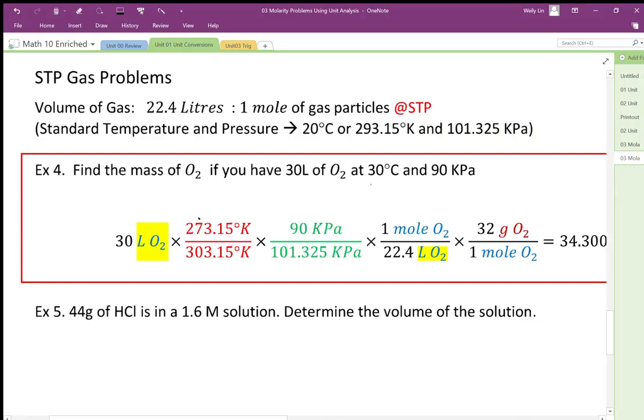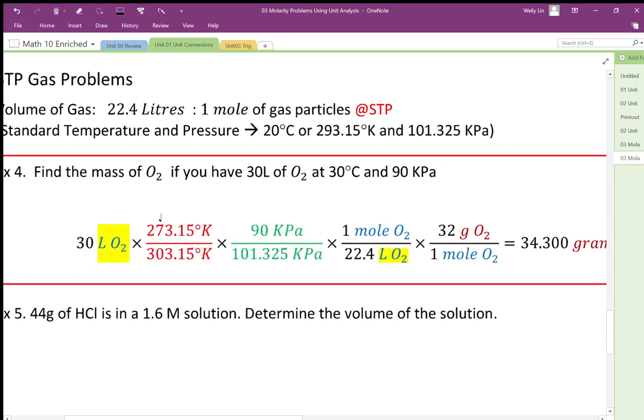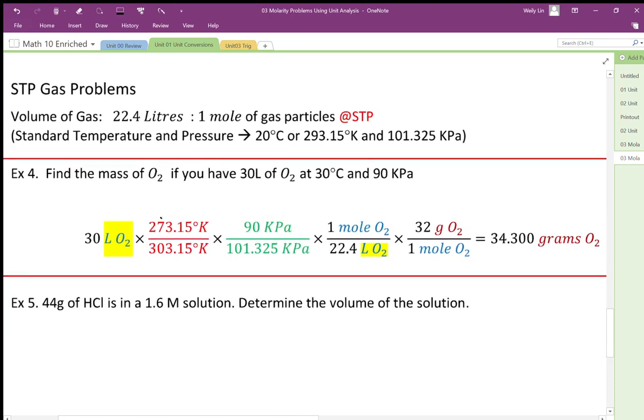Once we've done that, we have calculated the liters, and we need to convert it into mass. So we convert the number of liters into moles by using our ratio of 22.4 liters on the bottom, because we need to cancel those out, and 1 mole of O2 on top. Then converting moles to mass, we multiply by the molar mass: 32 grams of oxygen for 1 mole of oxygen.